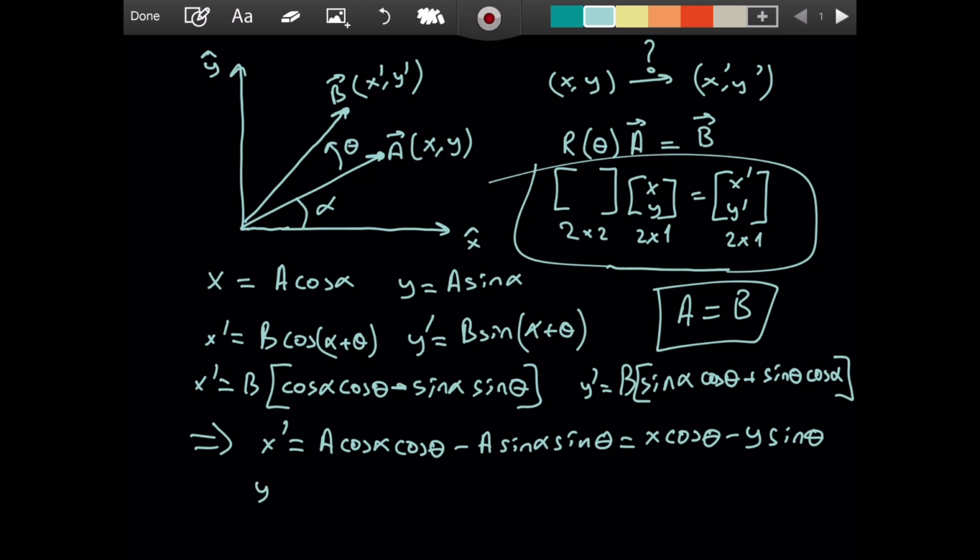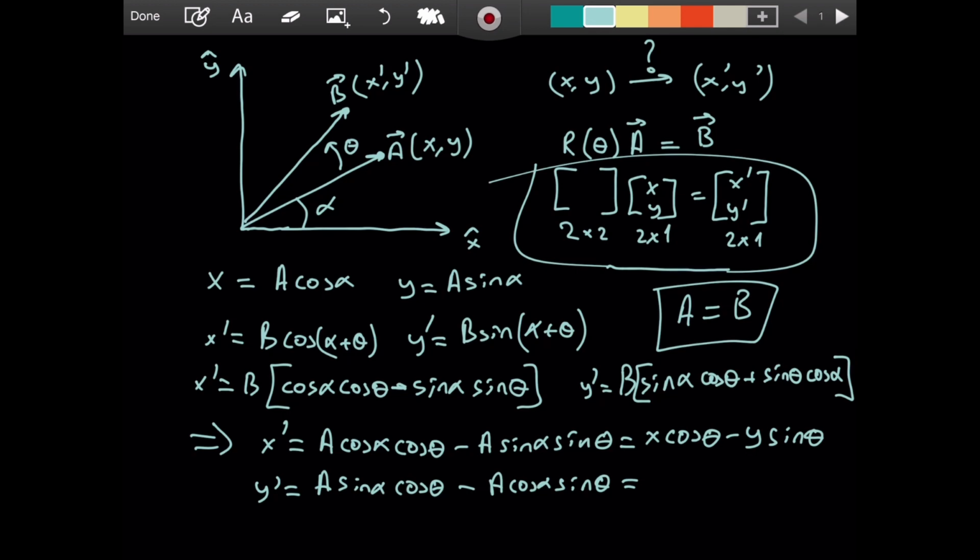What about y prime? We have a. Again, I replaced b with a. They have the same magnitude. That is the requirement for the rotation that we are dealing with. A sine of alpha cosine of theta minus a sine of theta. I'm going to write it as cosine of alpha times sine of theta. This is the way that I'm going to write it.